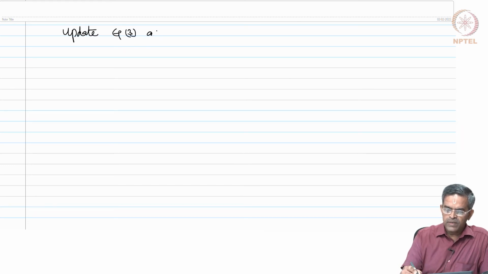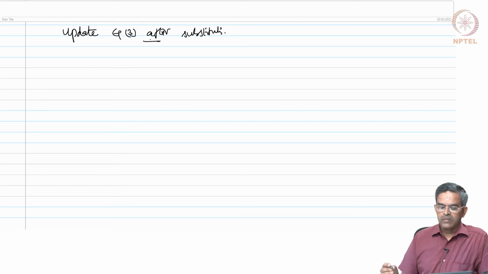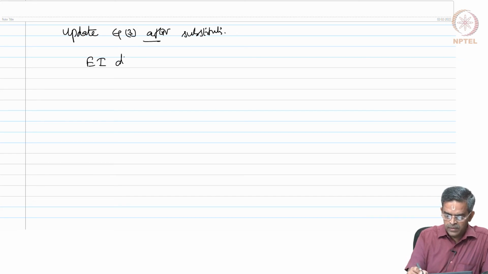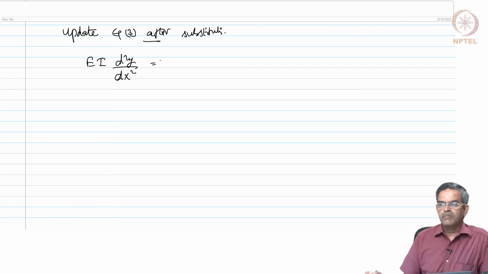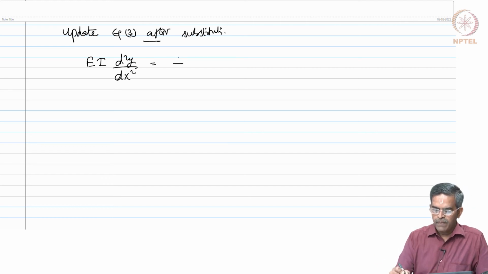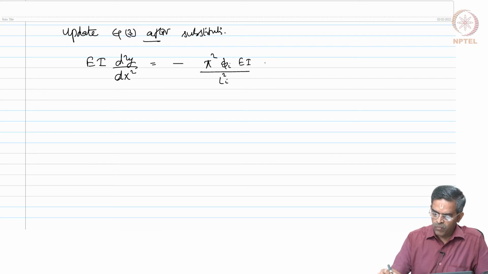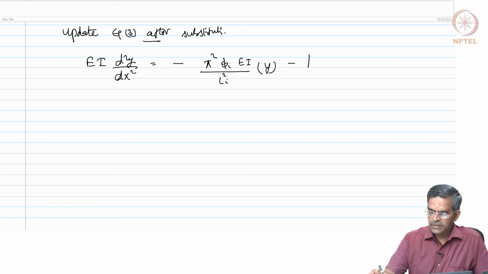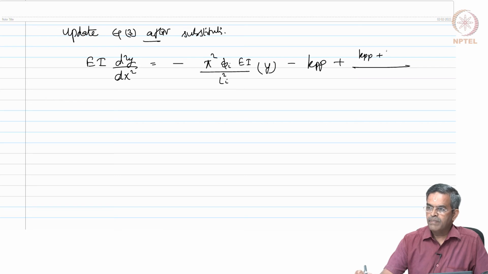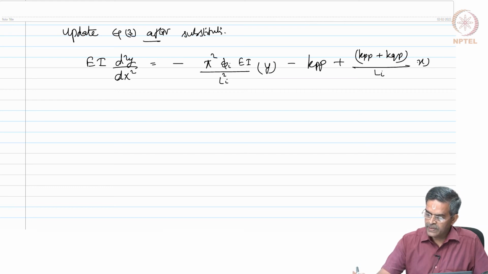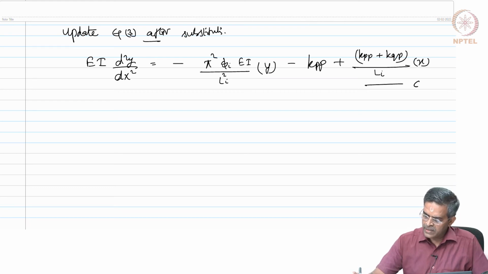That becomes EI d square y by dx square is going to be minus pi square phi I EI by Li square of y minus KPP plus KPP plus KQP by Li of x. We call this equation 6.